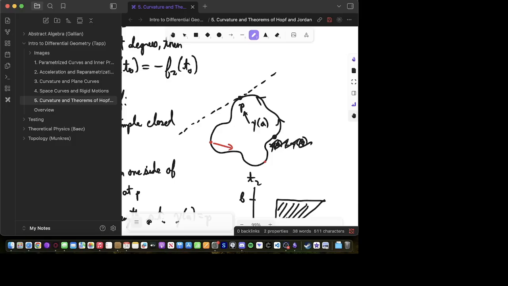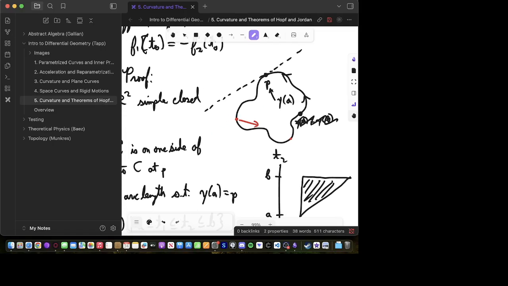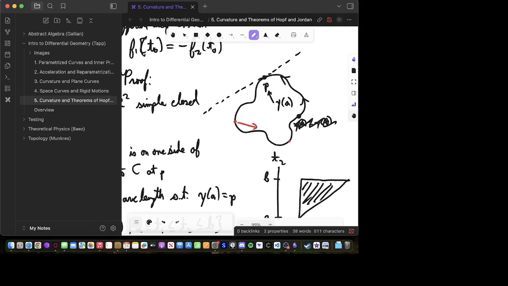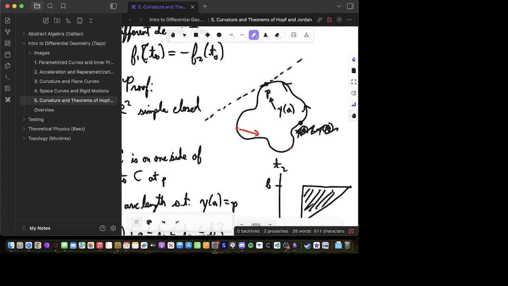So that's basically what it means. If the two points are the same, then it's just the unit tangent.